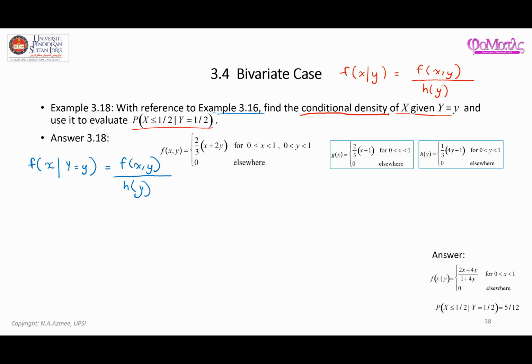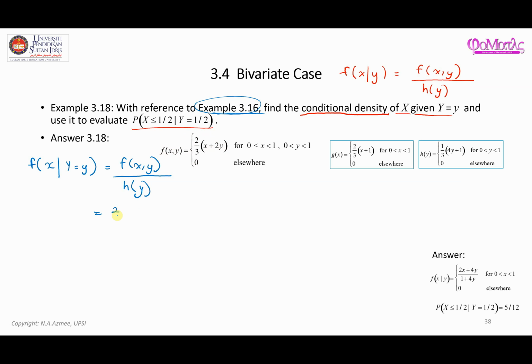These results you have all seen in example 3.16, and we're just using them here to continue with this example. This one clearly refers to the joint density, so we just plug in that expression here.